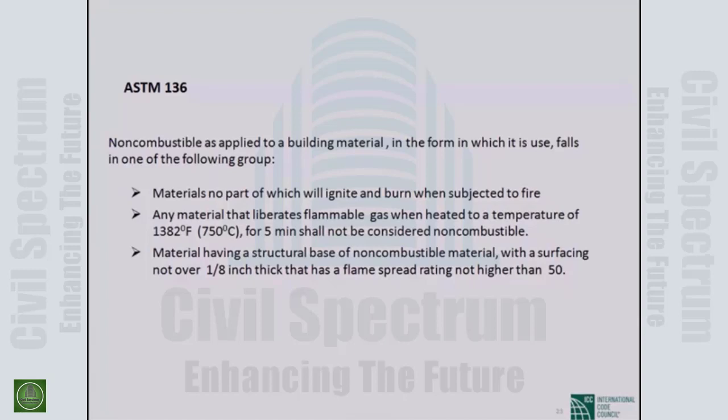Before 1950, this definition was different. This temperature was 1250, but now the standard changed its value. Now it is 750 degrees centigrade. If the temperature rises to 750 degrees centigrade, if the material gives a flammable gas, and if it initiates burning, then it will be combustible.